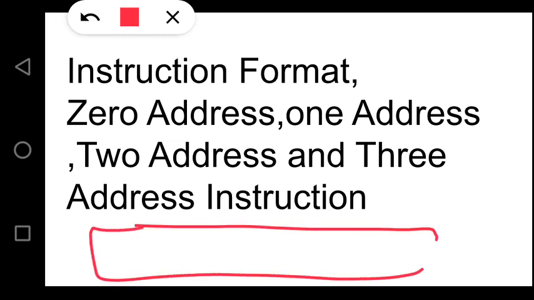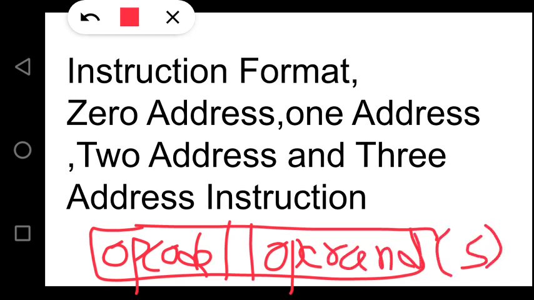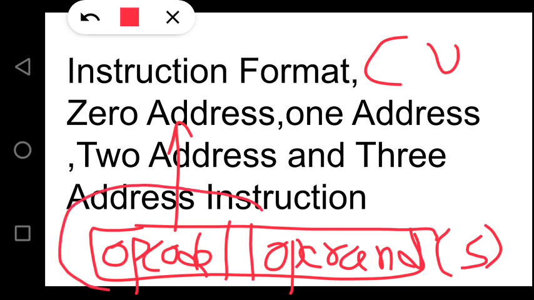So opcode and operands. This is called the instruction format. In this instruction format, the control unit takes the opcode part of an instruction.